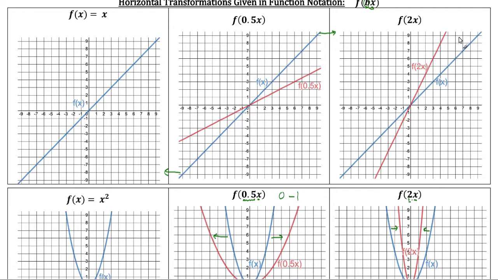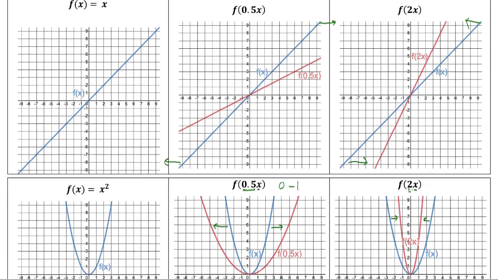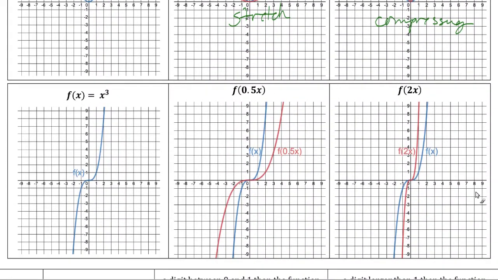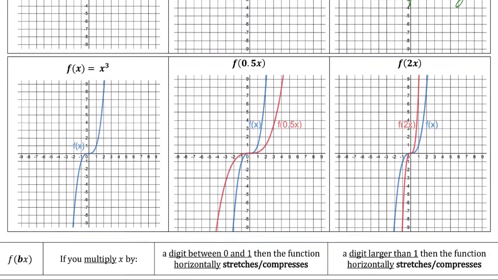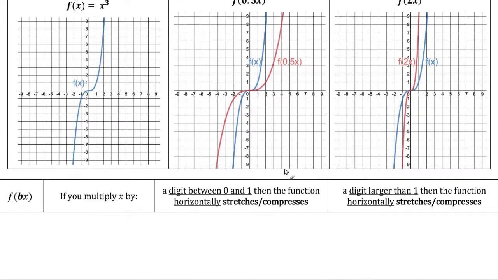This one, we're taking our original string, and remember we're compressing it. Yes, we're compressing it, so we are pushing it that way. Same for that, but it's easier to see in the other, and especially quadratic.